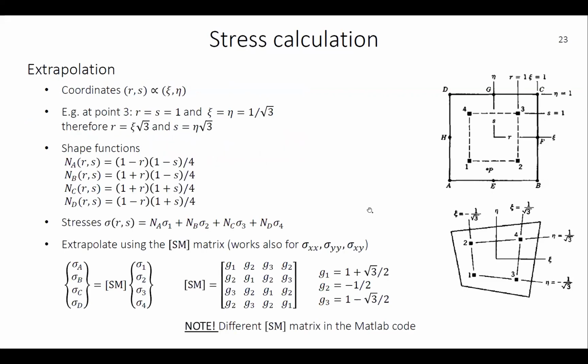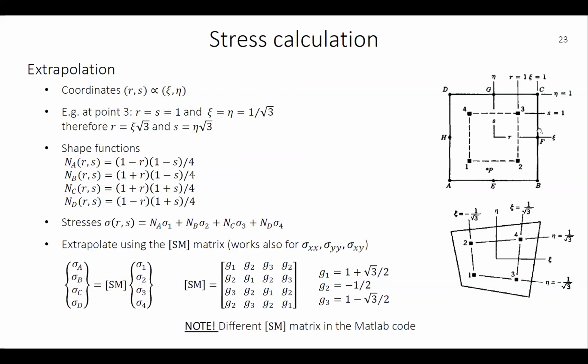So a little bit more in detail on how this extrapolation goes: we define a coordinate system RS here, which is proportional to the xi-eta system, so both in the mapped domain. And say here at point number 3, this RS system has coordinates 1, 1. And the corresponding coordinates in the xi-eta system, using a 2x2 quadrature rule, are 1 over the square root of 3.